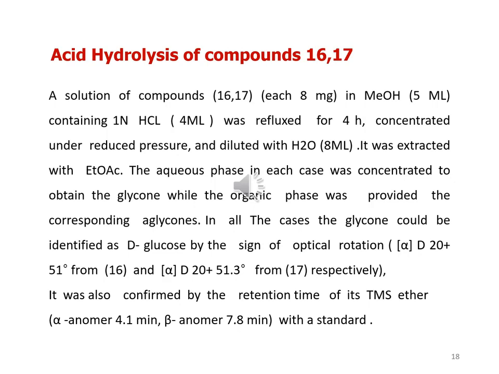In all cases, the glycone part could be identified as D-glucose by the sign of its optical rotation, that is [α]D20 +51 for compound 16 and +51.3 for compound 17 respectively. It was also confirmed by its retention time compared with the standard. The time for the alpha anomer is 4.1 minutes and for the beta anomer is 7.8 minutes.